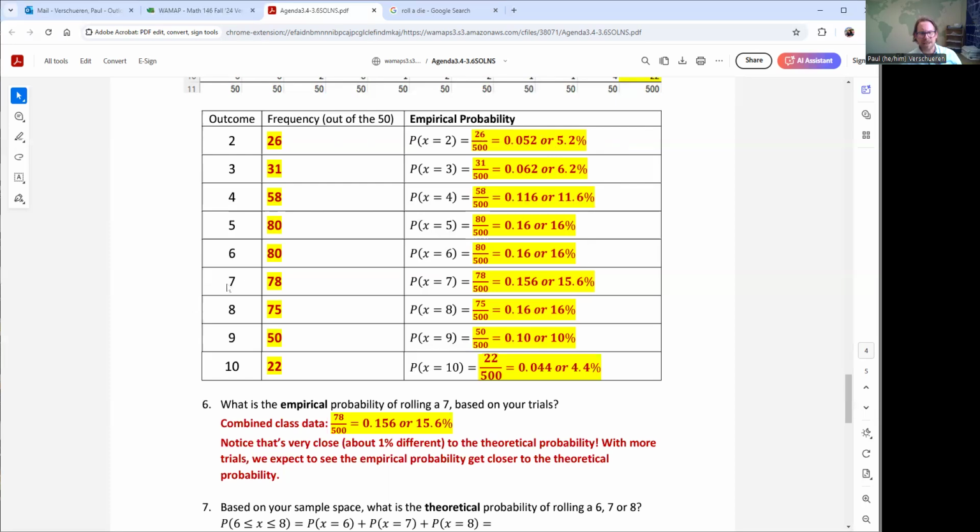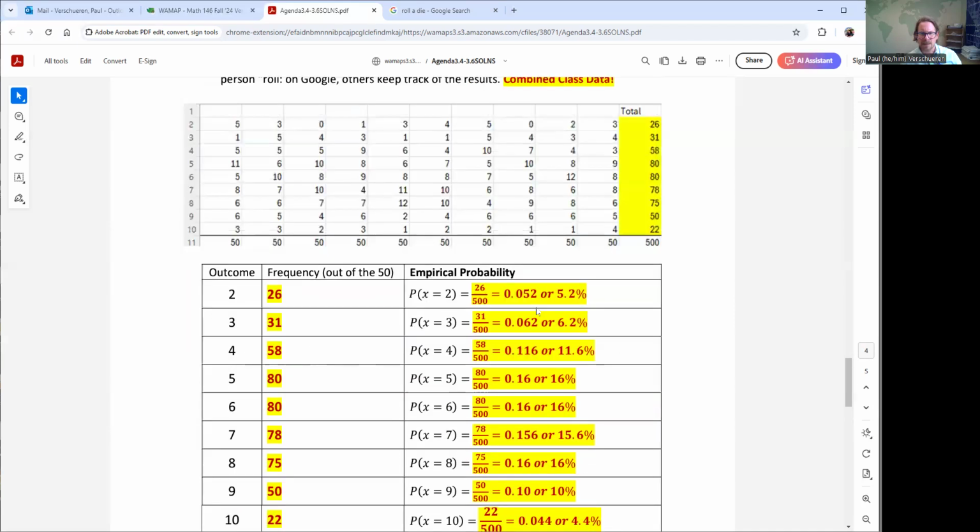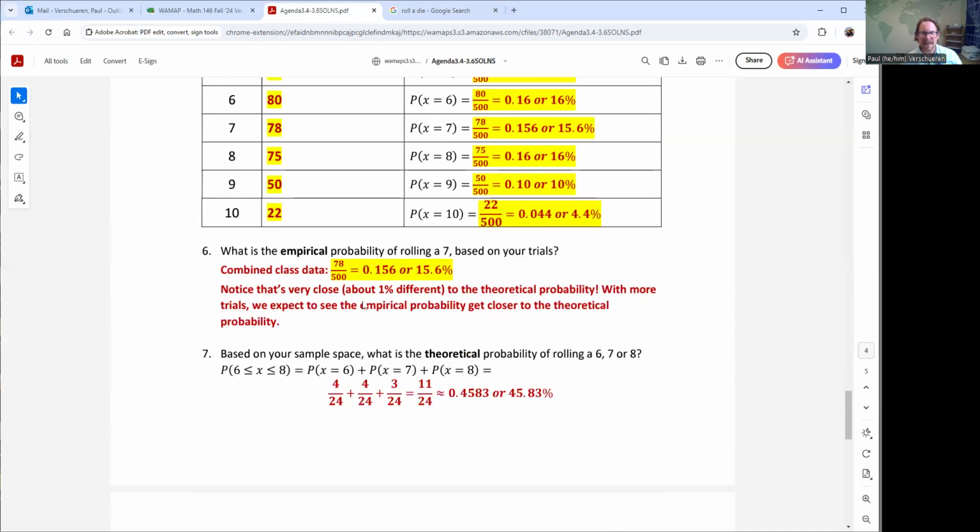But focusing just on the 7, we already worked out that the theoretical probability of rolling a 7 is 16.67%. Based on our class data, we got 78 sevens out of 500 rolls, so that's a 15.6% empirical probability of rolling a 7.